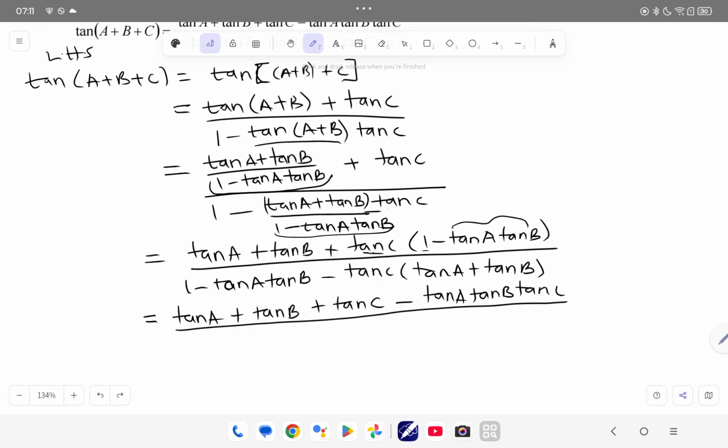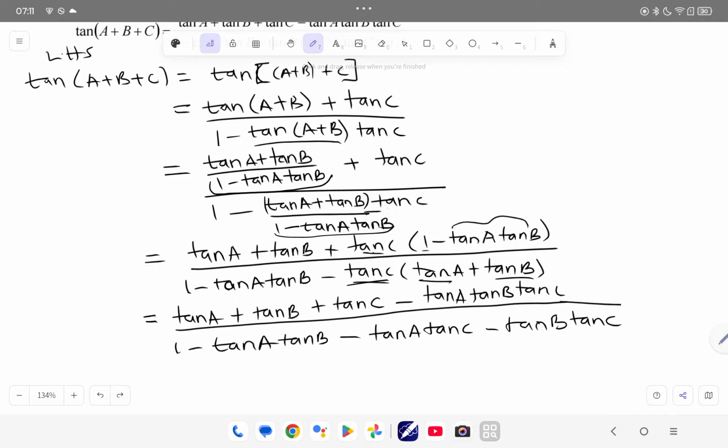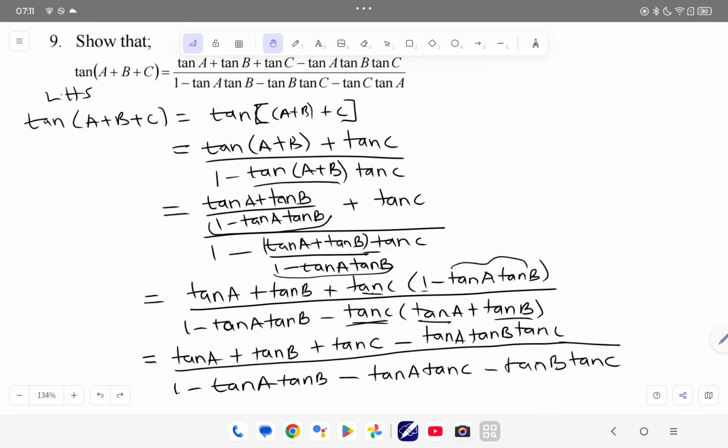Out of, now we are here, 1 minus tan A tan B, minus tan C times tan A, we get tan A tan C. Then tan C times tan B, we get minus tan B tan C. I think this one is the same as what we had on our right hand side.